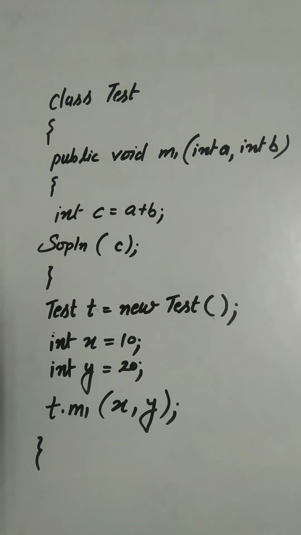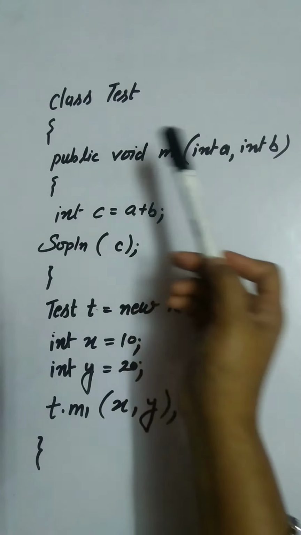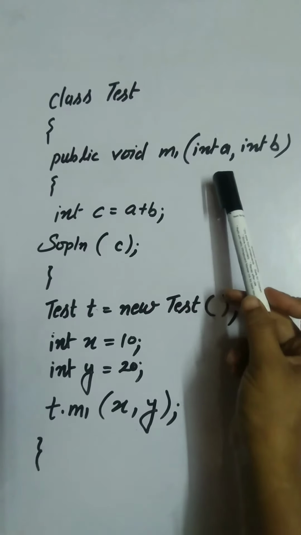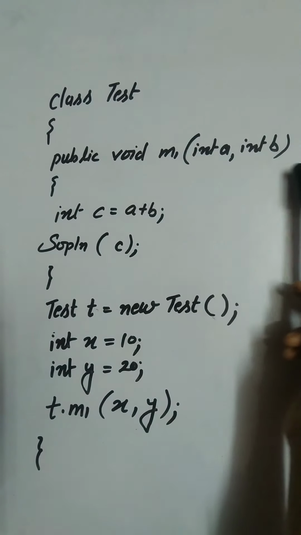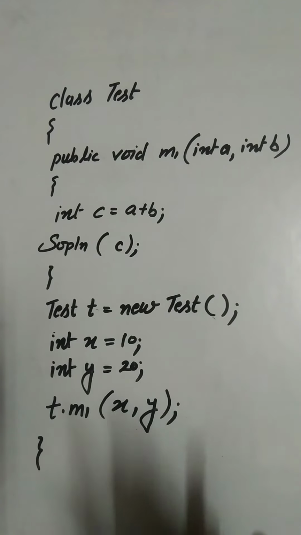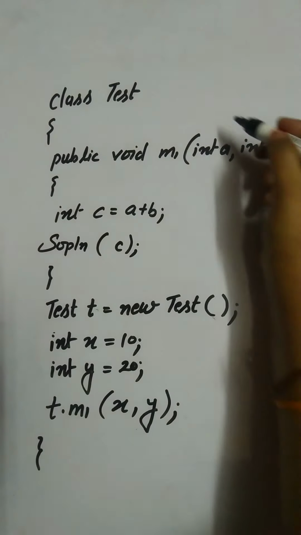Next is what is an actual parameter and what is a formal parameter. Suppose I take an example: class Test, public void m1 is a method. Here I am passing two arguments, int a and int b. When we declare or define a function and use parameters, these parameters are known as formal parameters.